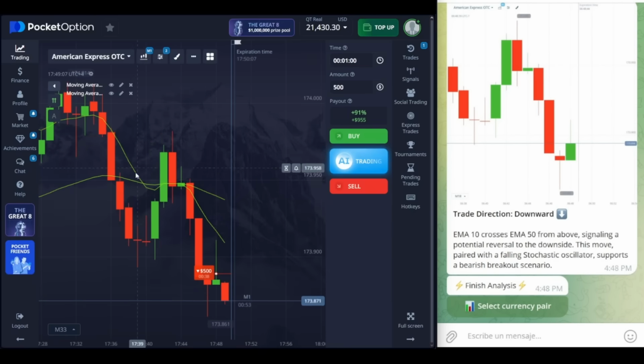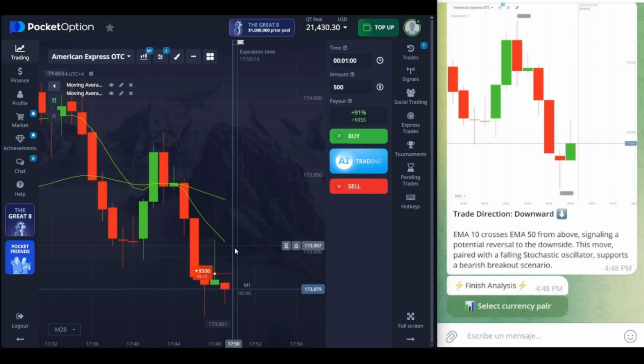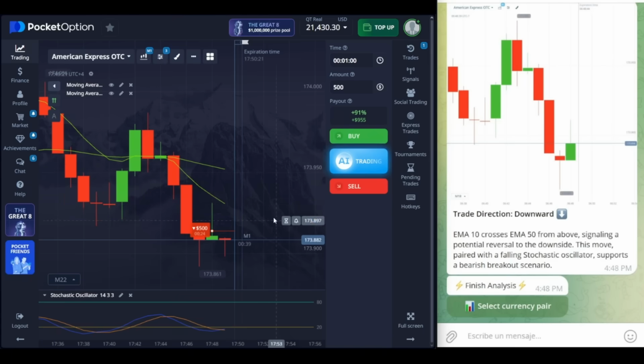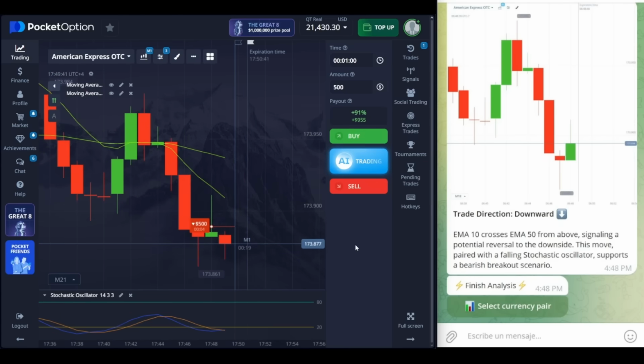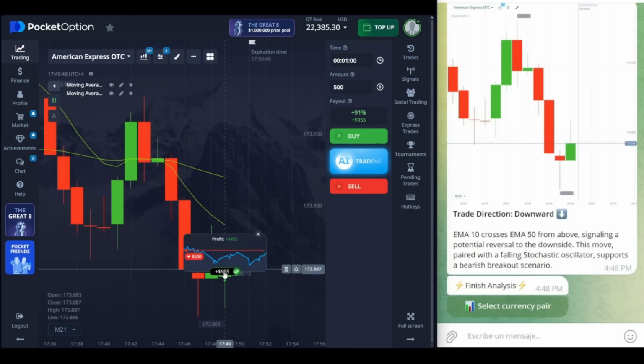Crossover confirmed. Stochastic also shows bearish pressure. Perfect signal. Another $455 profit. Balance keeps growing.